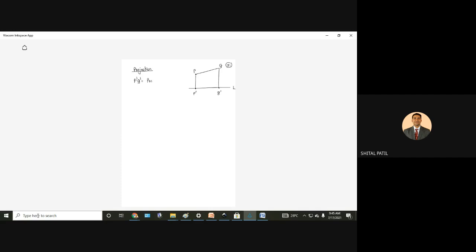The projection of PQ on line L. Now how to find this length P dash Q dash? That is equal to the direction cosines of L, since our aim is to find the projection on L. Therefore, direction cosines of L, and since we want to find the projection of PQ, the direction ratios of PQ.